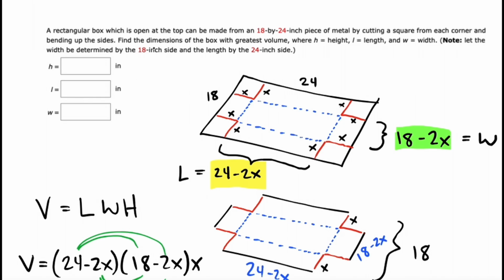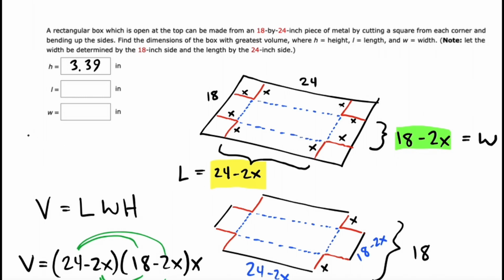They're asking me to find the dimensions of the box with the greatest volume. So the height obviously is 3.39. Now we have to find the length and the width. So we'll just substitute back into the length and width formulas then.